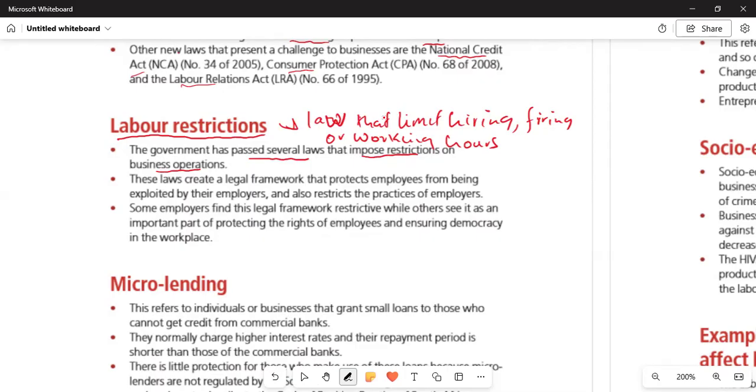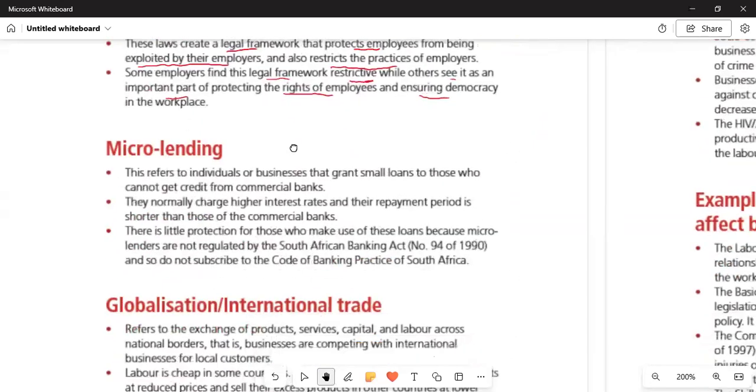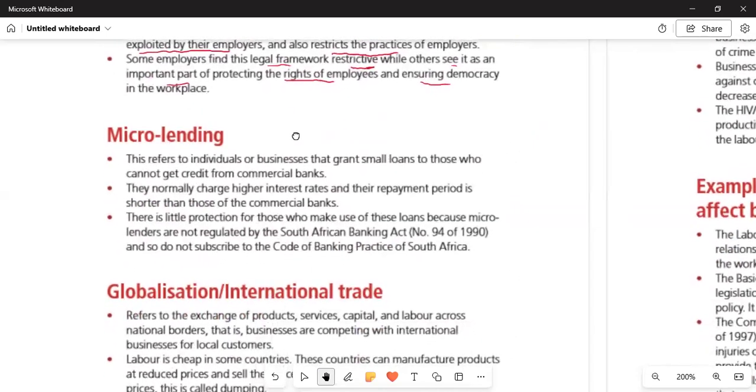This creates the legal framework that protects employees from being exploited by their employers and also restricts the practices of their employers. Some employers find this legal framework restrictive, while others see it as an important part of protecting the rights of employees and ensuring democracy in the workplace. Now let us move on to micro lending.